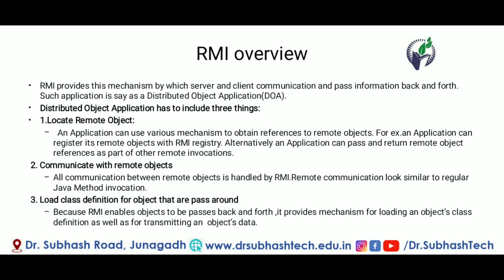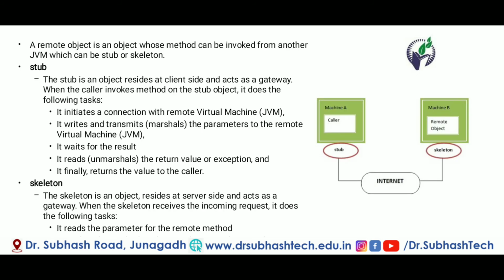Then after accessing this remote method and reading the parameters, it demarshals, or we can say unmarshals, the request and parameters. Then the actual parameter is defined on the skeleton side and everything is executed, and the result from the existing system is sent back to the client.